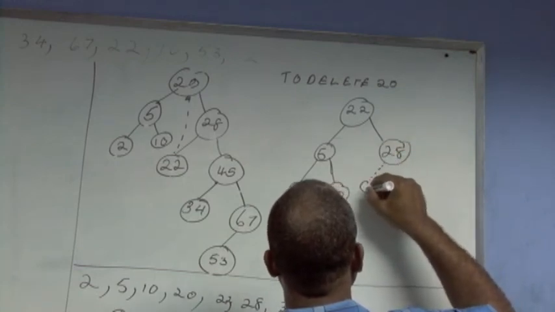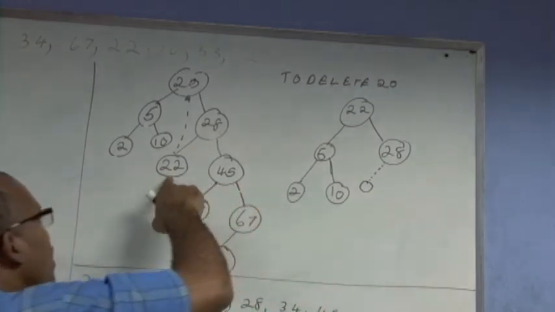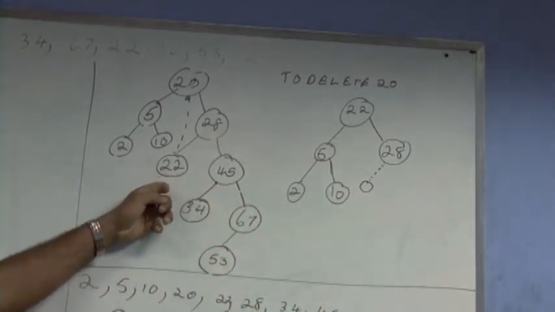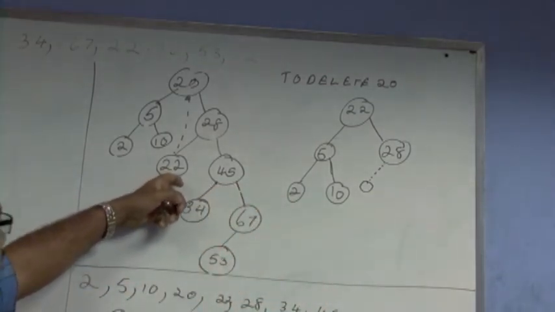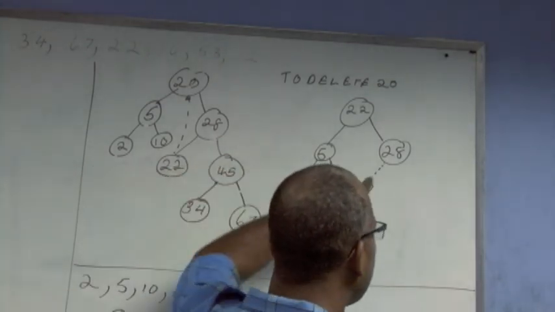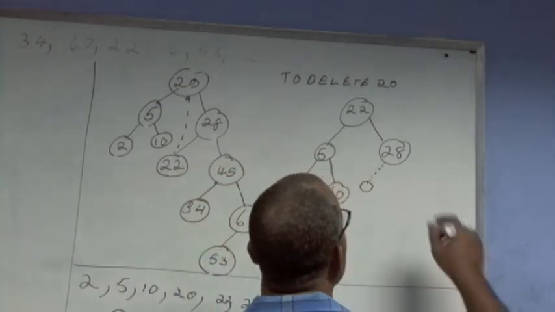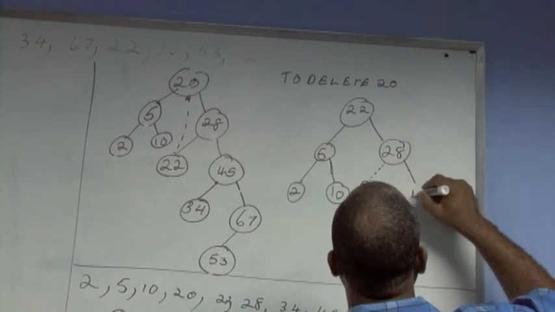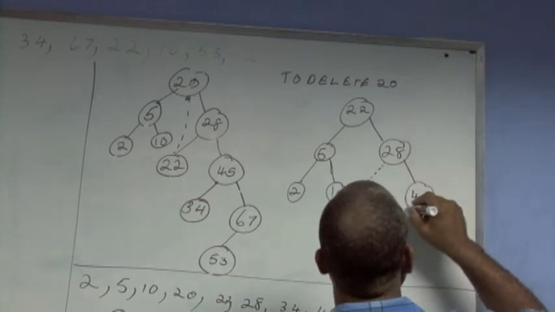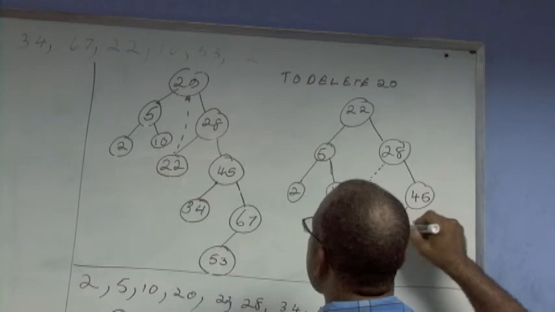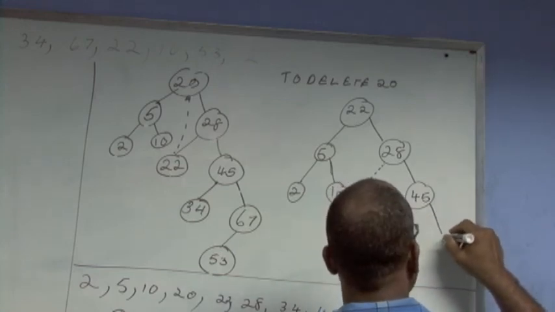This node here that formerly held the 22 is going to now be structurally deleted, so we can just get rid of that one. The 45. The rest of the tree just tags along right here.